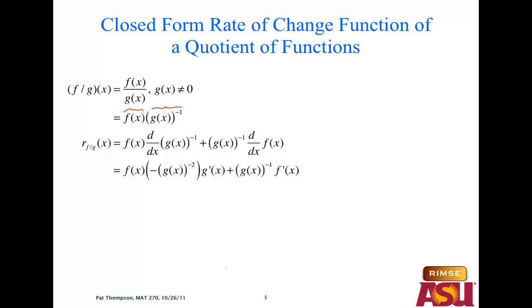Why? Because it's a composite function. It's g raised to the negative 1, not just x raised to the negative 1. So what happens first? A little change in x. How much does g change? The rate of change of g, right? And then now I've got that change in g. How much does that change? Right? So it's a composite function.